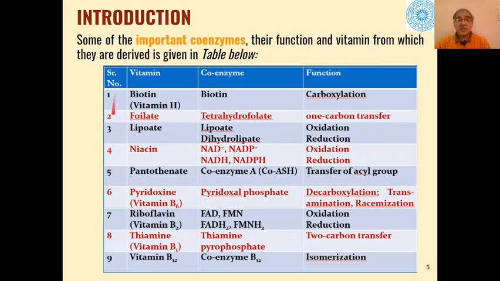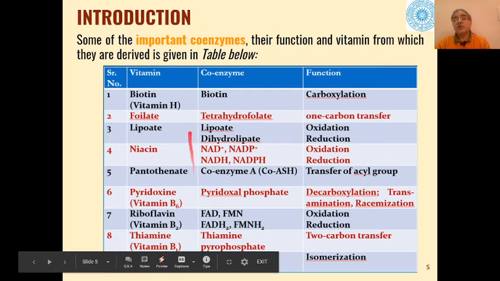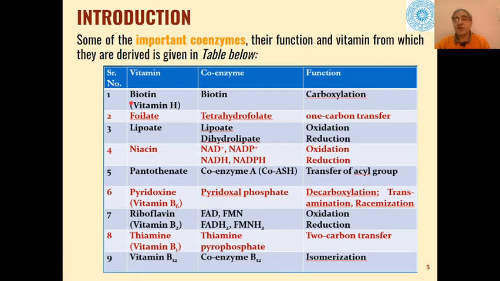And these are some of the important coenzymes, their function, and the vitamin from which they are derived. For example, if the coenzyme is biotin, then the vitamin is vitamin H, and its function is carboxylation. So this coenzyme in combination with the enzyme will be used for carboxylation reactions.